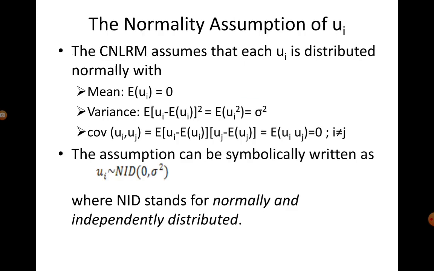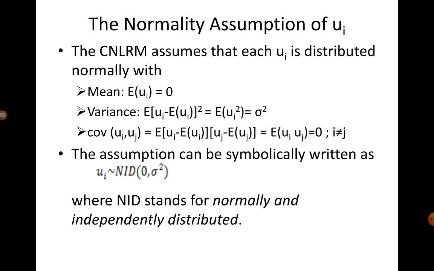Now, the details of the normality assumption of ui. The CNLRM assumes that ui is distributed as a normal distribution with mean.